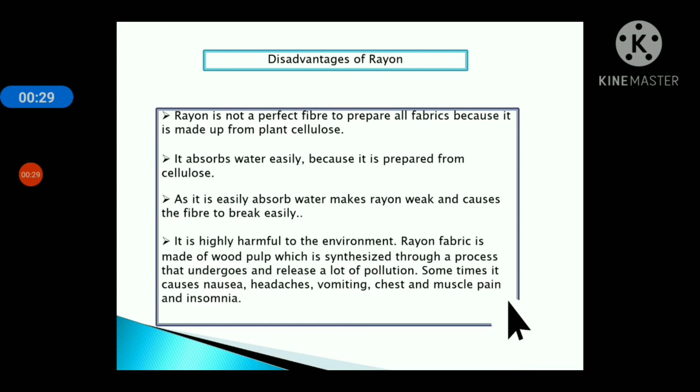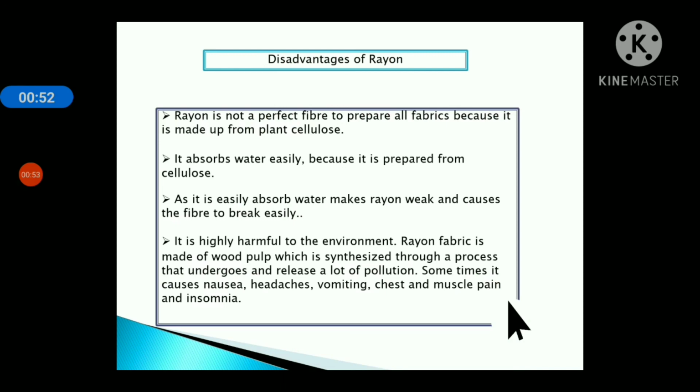Cellulose means plants, and plants absorb water, so cellulose also absorbs water. As it easily absorbs water, rayon becomes weak and the fiber breaks easily.